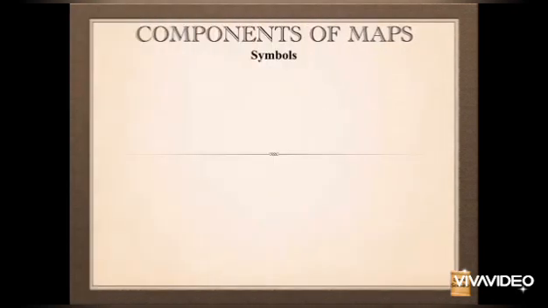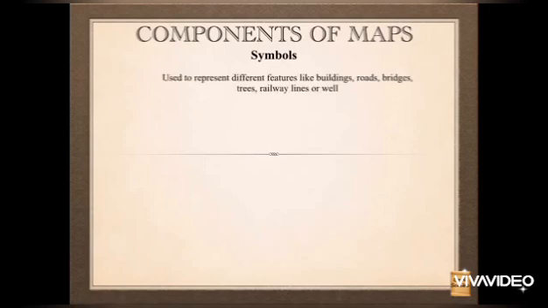I already told you earlier that a map is a flat surface. If you want to see where the railway lines are across all of India, you cannot write railway everywhere. If there is a symbol for railway, you can easily notice it and know this is railway, this is trees, this is buildings, this is roads. That is why symbols are used.